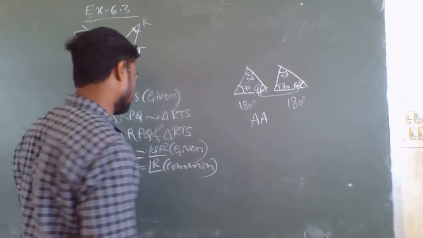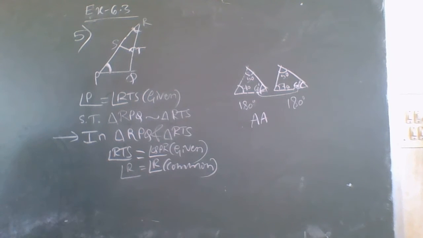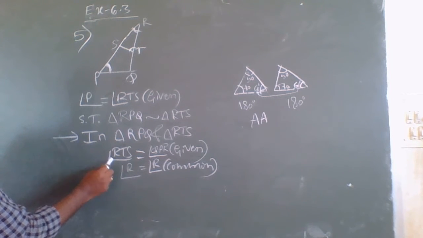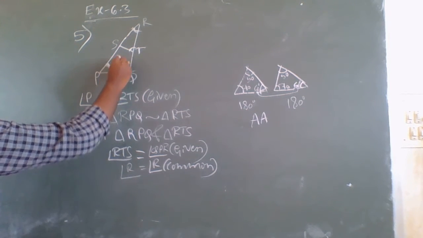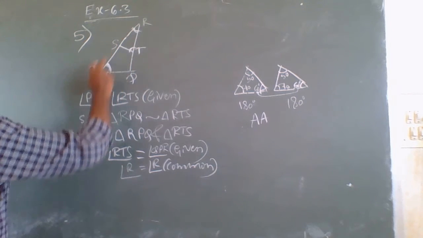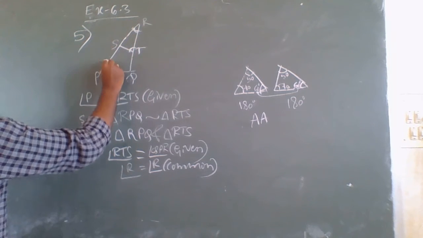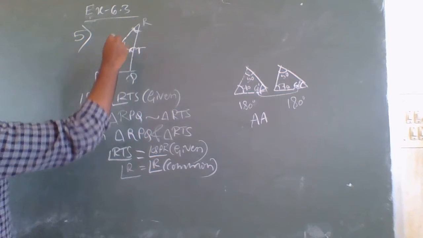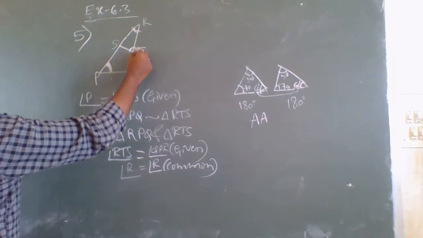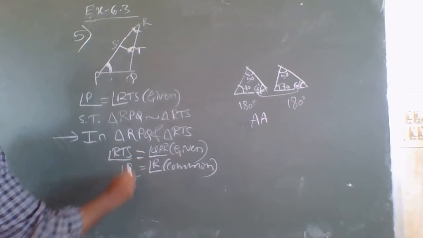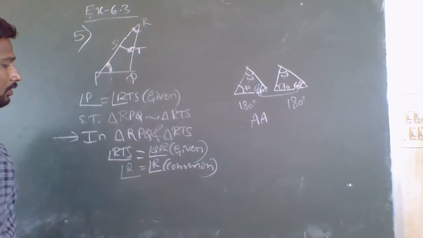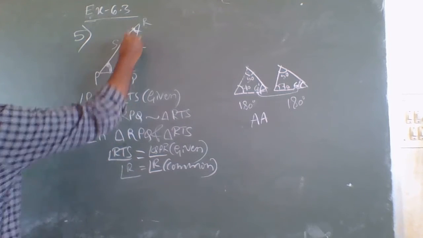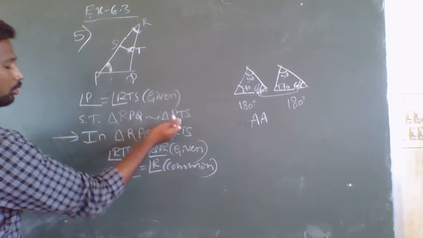Like this, here also two angles are equal: angle RPQ, that is QPR, and angle RTS. These two angles are equal, that is given, and this angle R is common in both triangles.